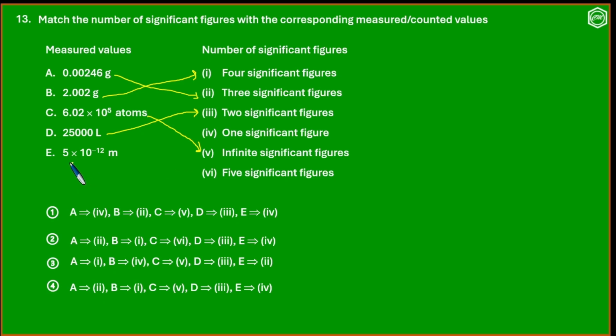Now this one is 5 into 10 raised to minus 12 meter. This is the scientific notation, and this has only one significant figure. So E can be connected to 4. Therefore the correct option should be option 4.